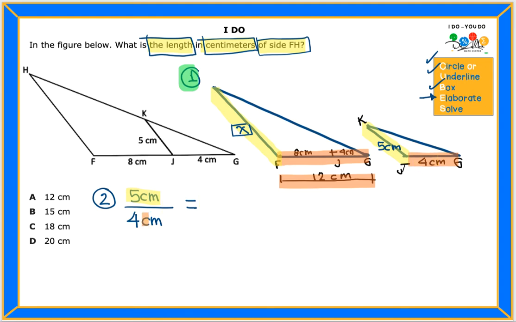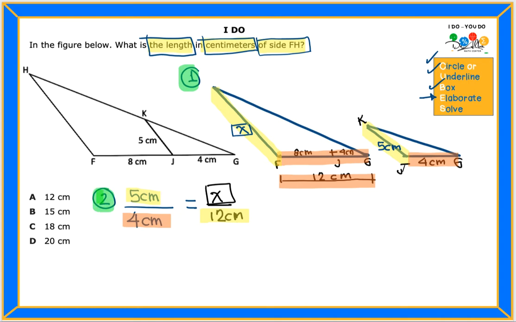This 4 must be orange, because it's describing the side. And now I'm going to record the information that I have for the big triangle. So this 5 centimeters corresponds to the unknown on the big triangle, and the 4 centimeters corresponds to the 12 centimeters in the big triangle.